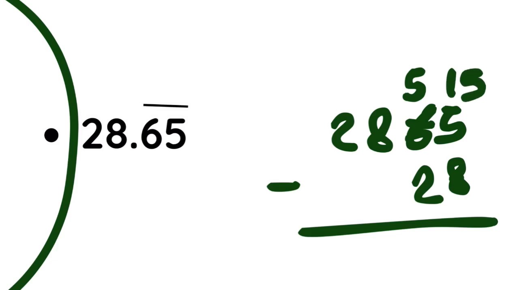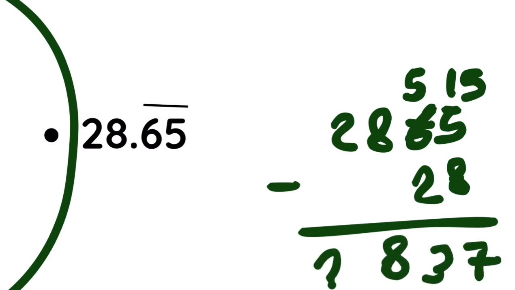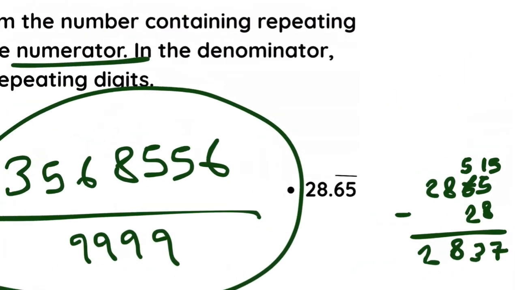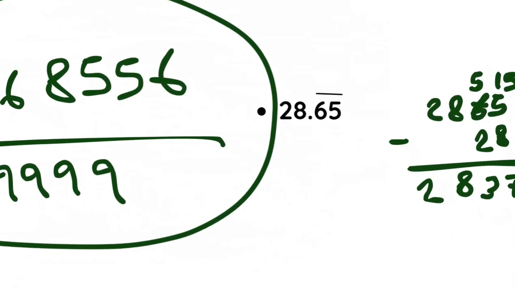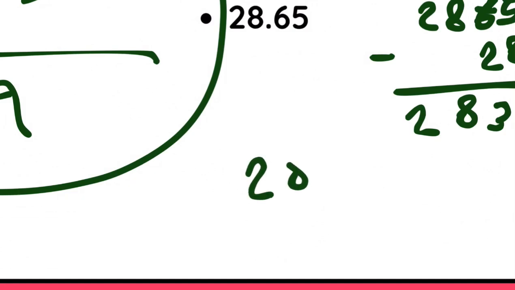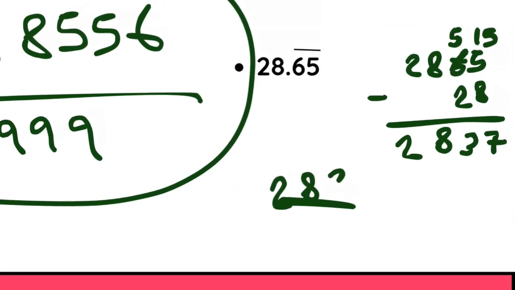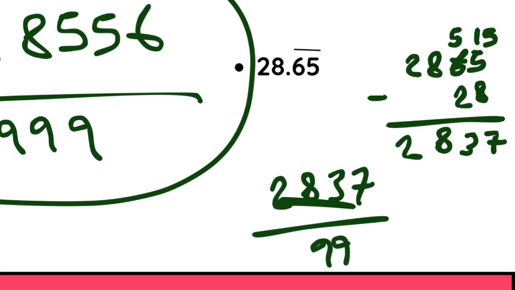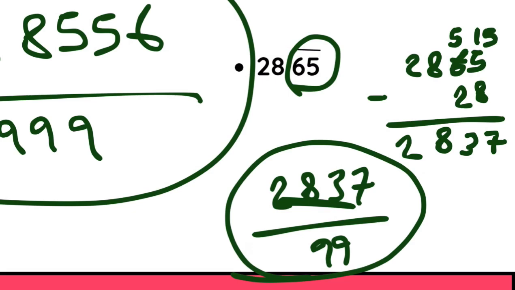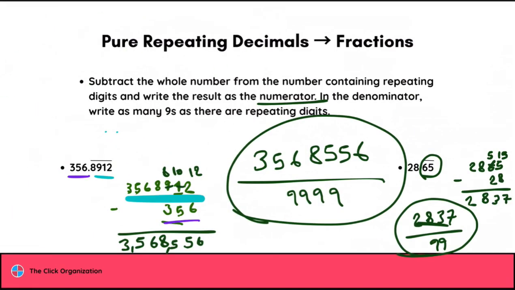This becomes 15 minus 8 is 7, and 5 minus 2 is 3. So 37, right? This is our answer, so this will be our numerator, 37 over 99, because we have 2 repeated digits. Okay, this was the first part.